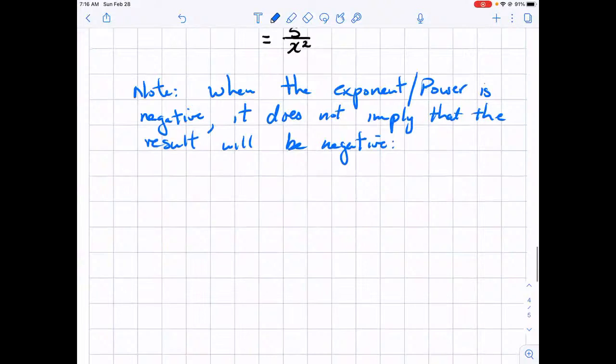And what do I mean by that? It is very common when we see, let's say, 4 to the negative 3 power. What does that mean? Well, before you simplify this, the power has to be positive.